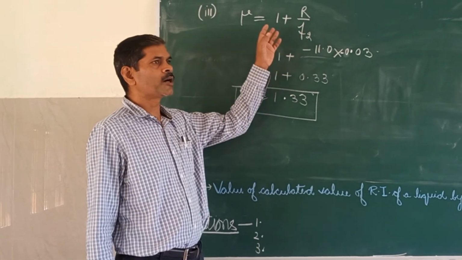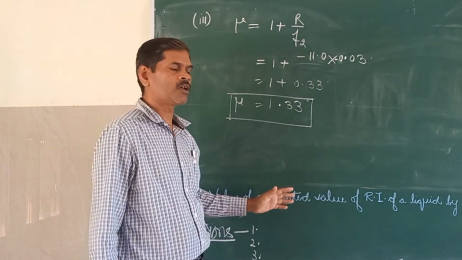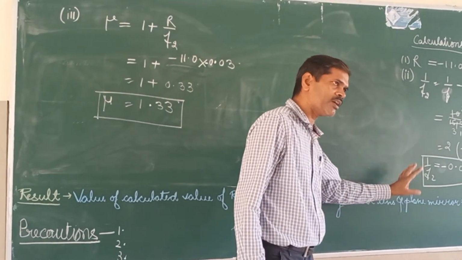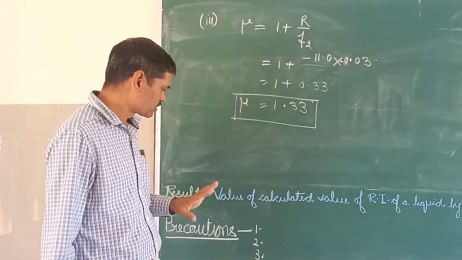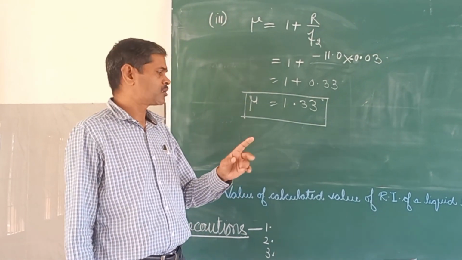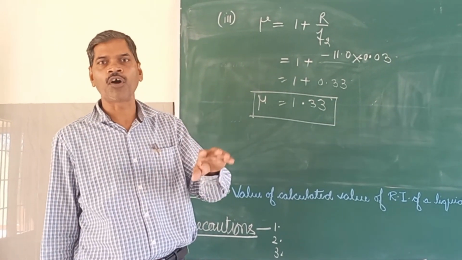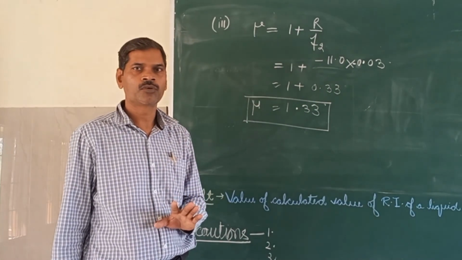This is the complete explanation of the experiment to find the refractive index of a liquid using the above apparatus. After the school reopens, you have to perform this experiment in the physics laboratory. Okay, students?